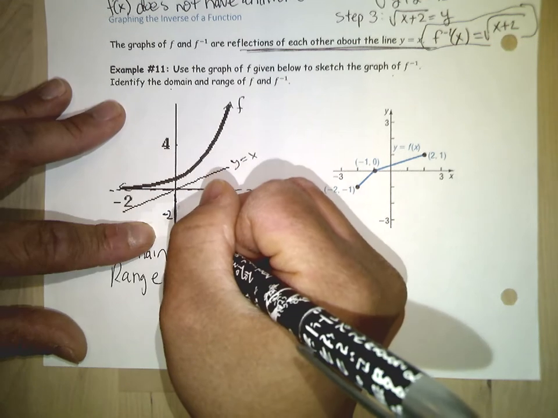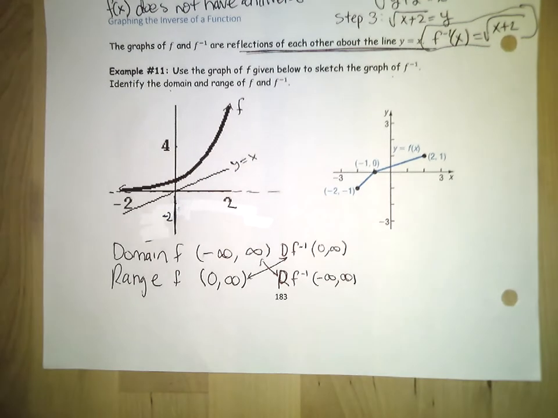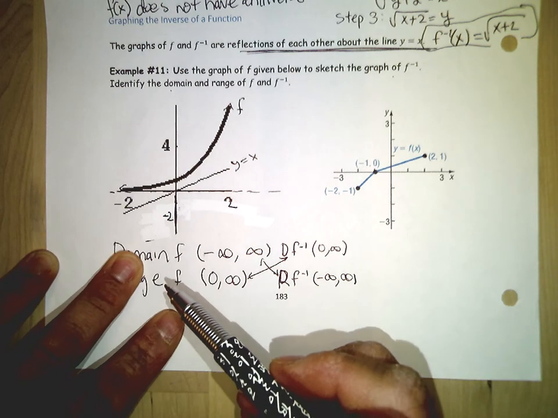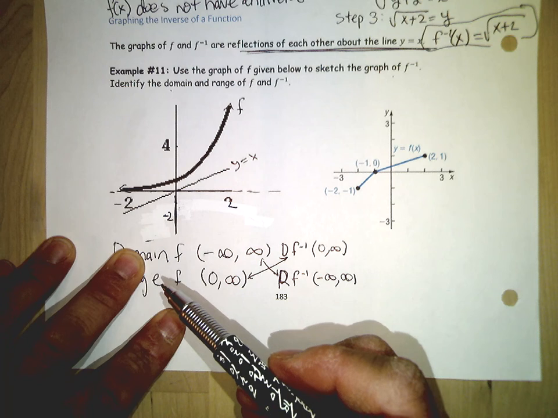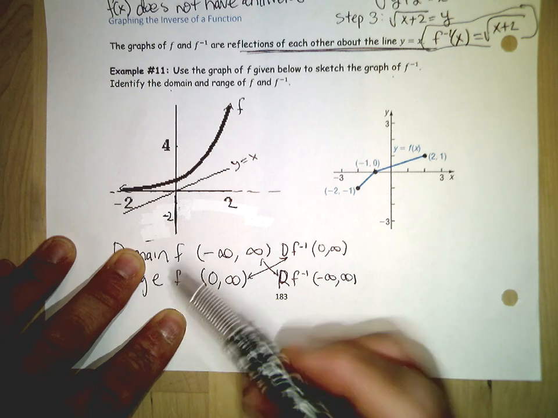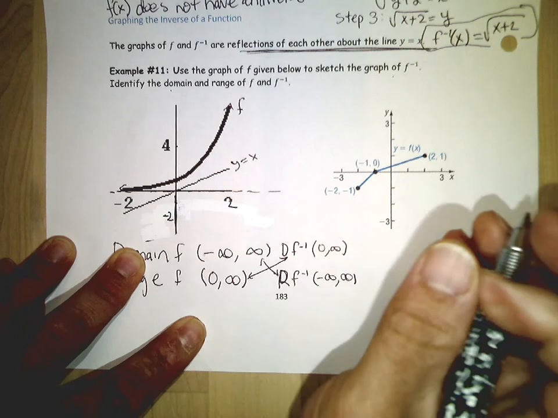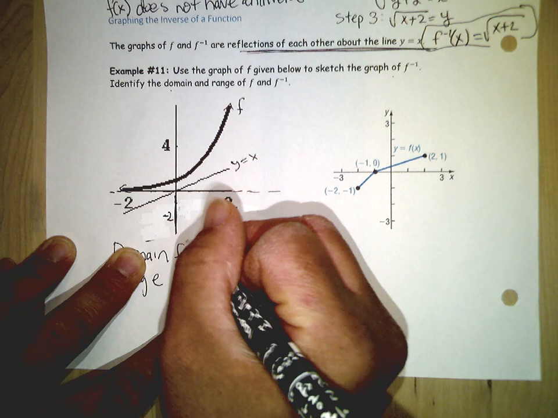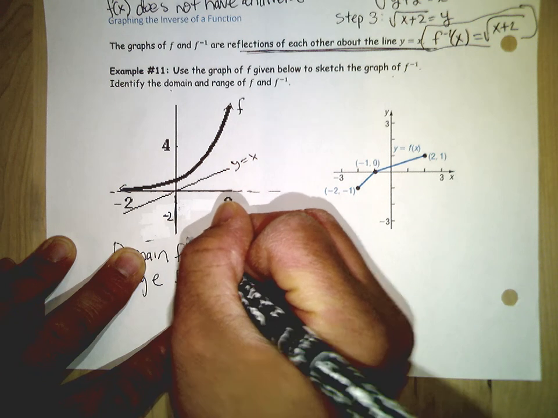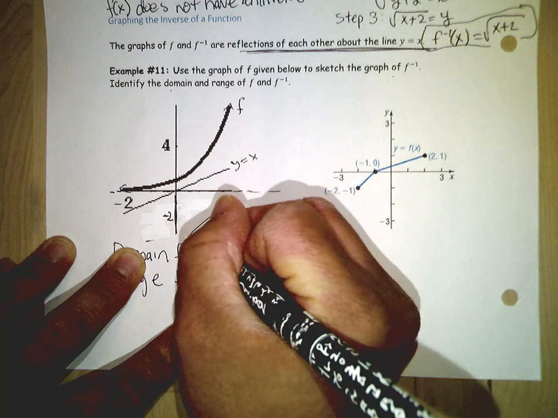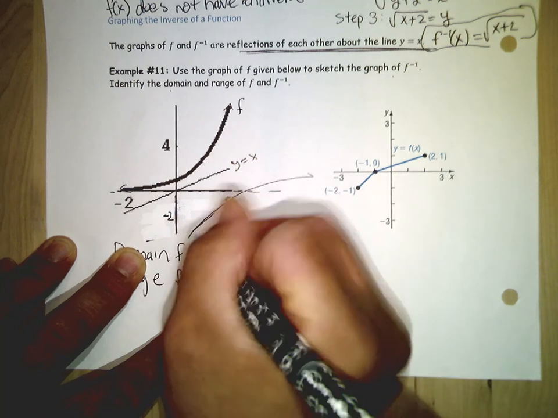I jumped the gun a little bit on drawing a line here that really didn't make too much sense, and this will look more like, if I'm honest about it, something like this.